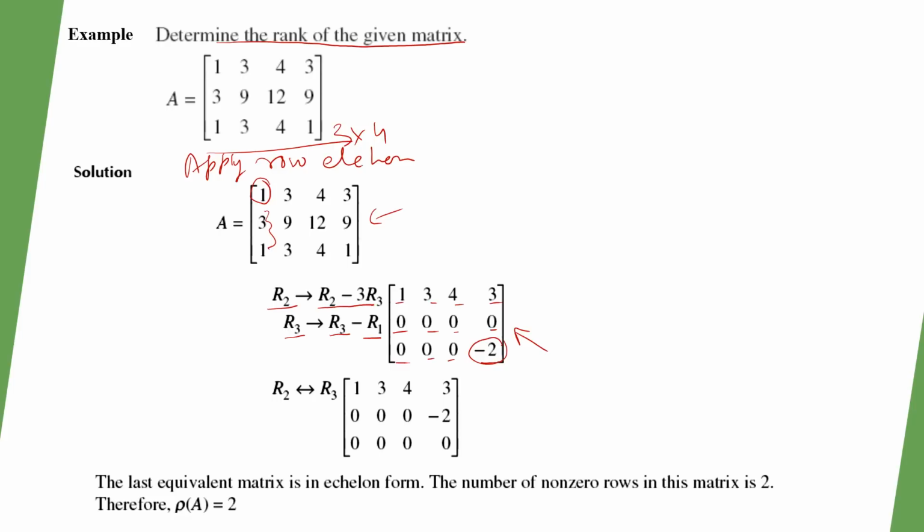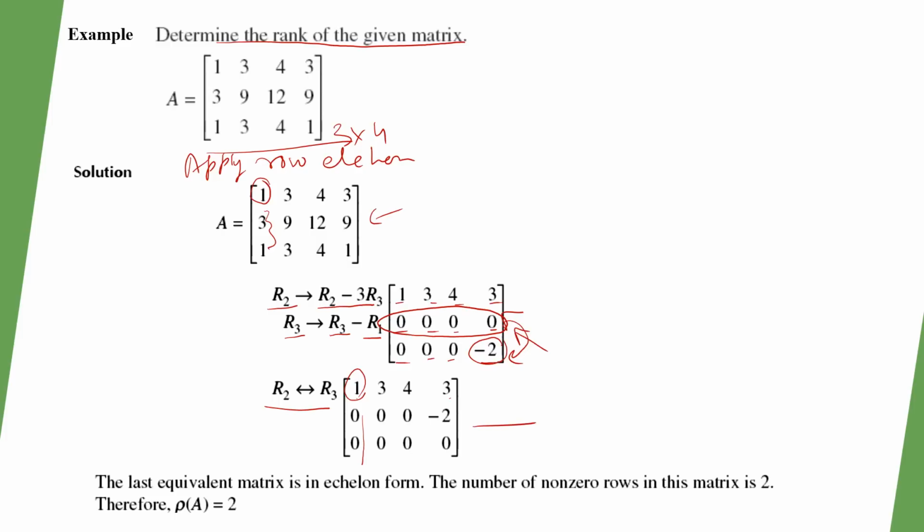The first row is 1 3 4 3, and below the first element all entries are 0. The second property of the definition of Echelon form is that all rows consisting only of zeros are at the bottom. There is one zero row, that is row 2, so we interchange that row with row 3. We apply the operation R2 interchange with R3.